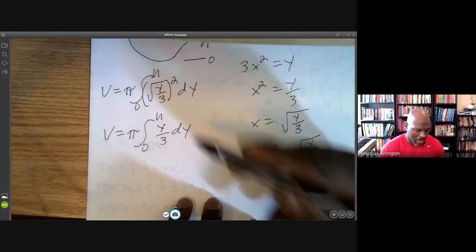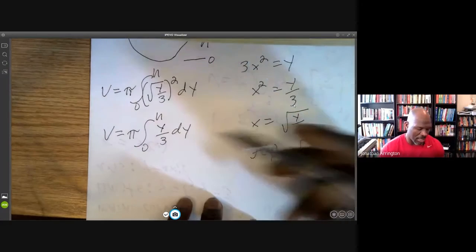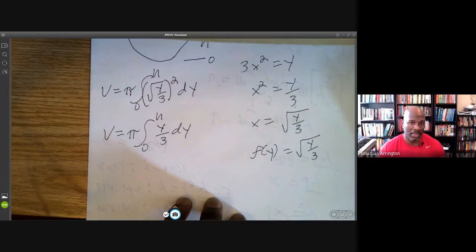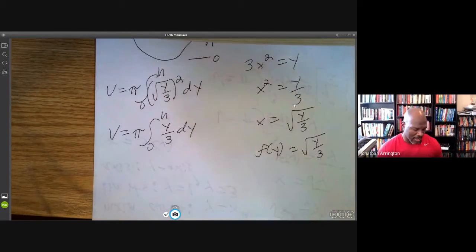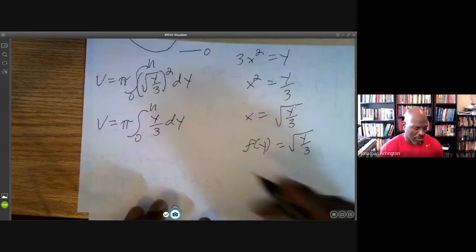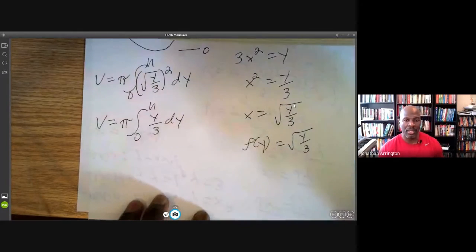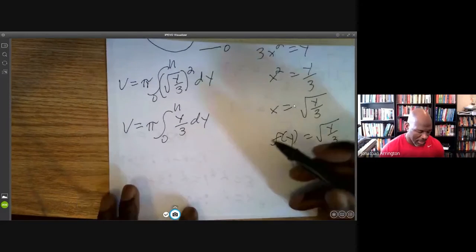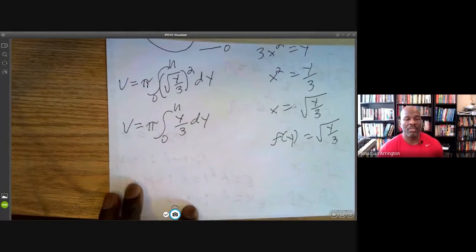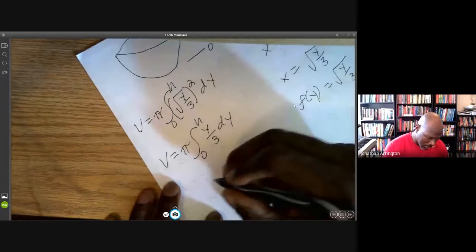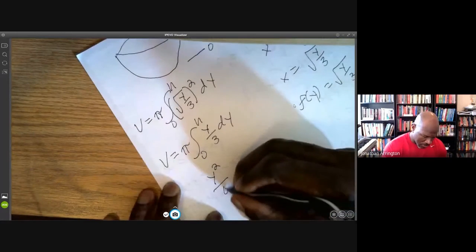And again, it's being multiplied by 1/3. So when I integrate y over 3, I should get y squared over 6. If that doesn't make sense, then it's probably a good idea for you to factor out the 1/3 and then integrate. But hopefully you can understand. If the integral of y is y squared over 2, and that's over 3, you're going to get y squared over 6.